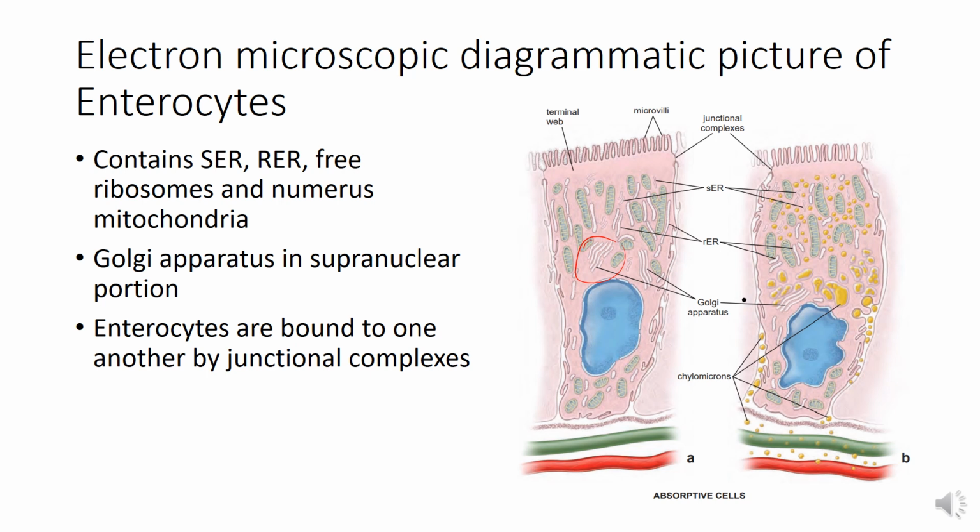So you can see here, this is the paracellular route, and at this route lie the junctional complexes, mainly the tight junctions at the apical surface, so that the absorbed products of digestion pass through the cells, not through the paracellular space.